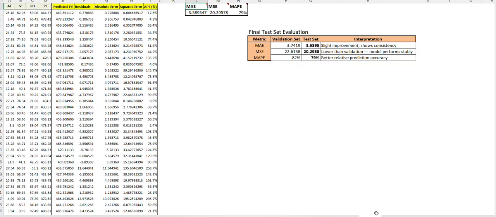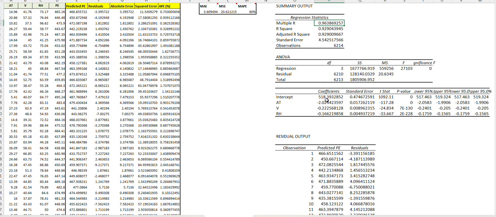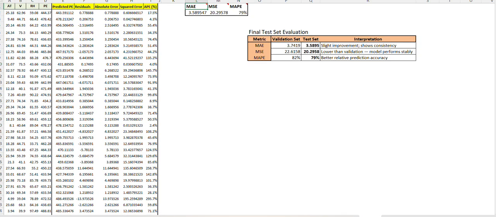Now for the test set, which we had already segregated earlier, the final model evaluation is done on the test set, which has not been used in any of the training and validation. I applied model 2's coefficients, which we got here, and again calculated the MAE, MSE and MAPE.